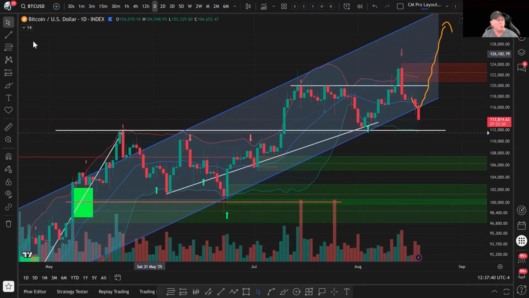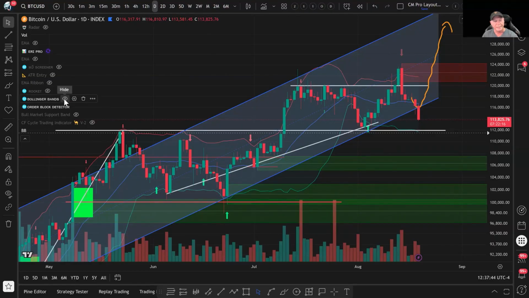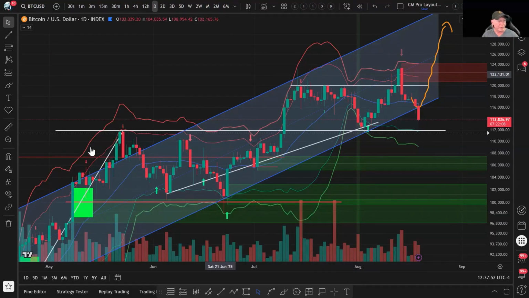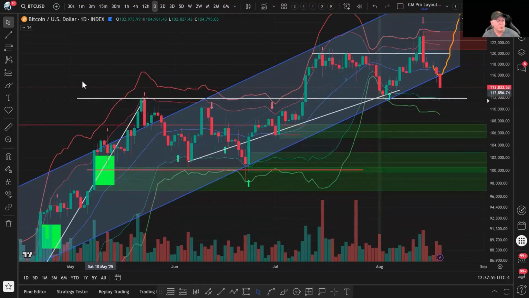What we've done with ours, if you watch the difference here, I'll click ours on, is tweak the settings so that it contains the price much more effectively. Now you can use both in some circumstances. Over here it touched the normal Bollinger Band and reversed, and I'll sometimes check that.